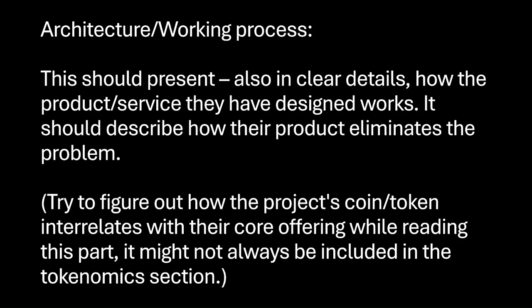Try figuring out how the token you're planning to invest in plays a role in the working process of their product or service, their core offering. They might not state it clearly. Usually they would, but they might not always. So just try to figure that out here. If they don't talk about it in this document, they'll talk about it in the tokenomics, or maybe even in the docs.